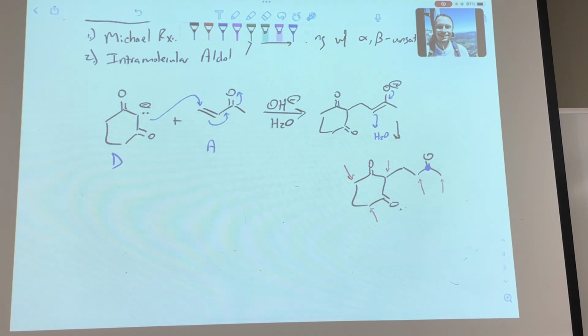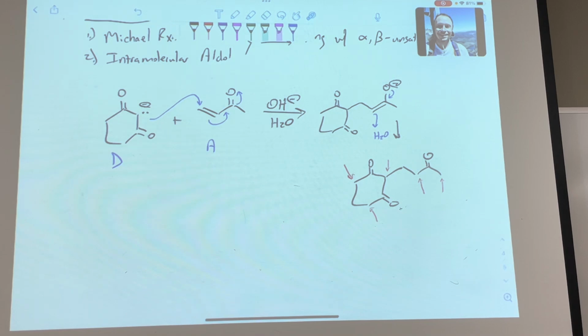Well, that's a 6-membered ring. That's good. The problem is that would lead to a bridged bicyclic system. I would make that ring, but then this carbonyl group would kind of be puckered up out of the plane. It would be a bridged bicyclic.